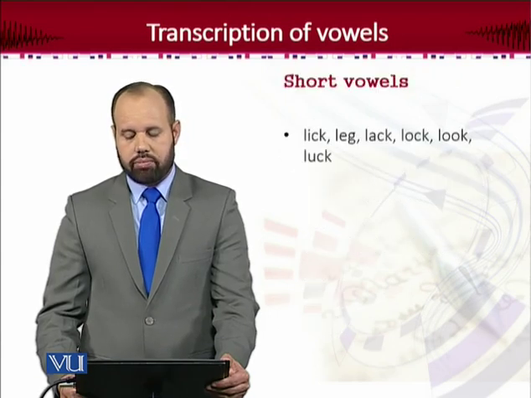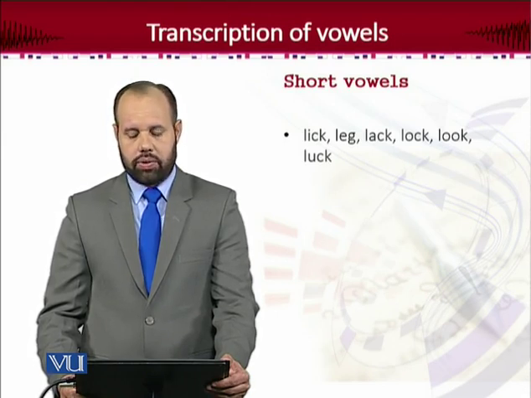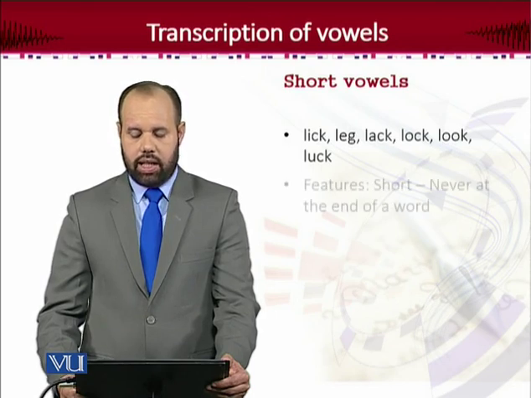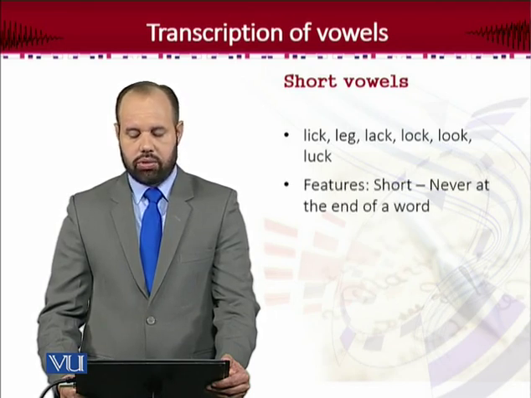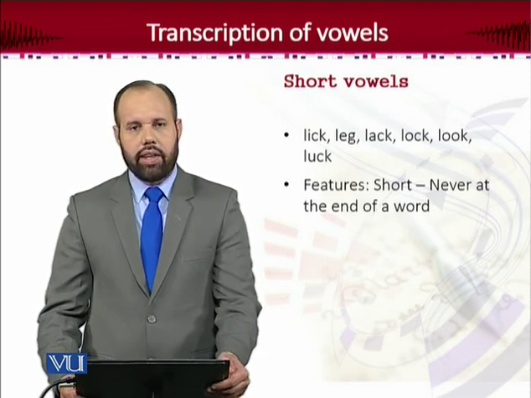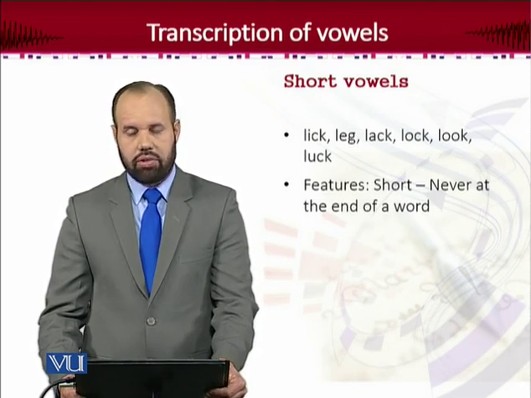Short vowels like lick, leg, lack, lock, look, and luck. These are the 6 short vowels of English. Let me tell you some features of short vowels. In English, short vowels never take place at the end of a word.